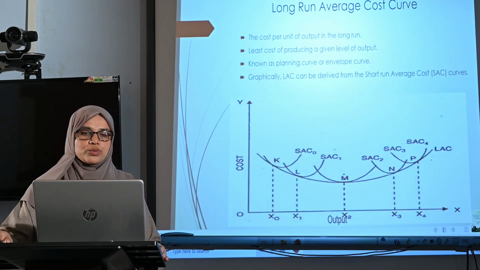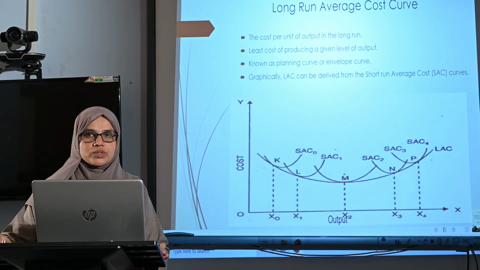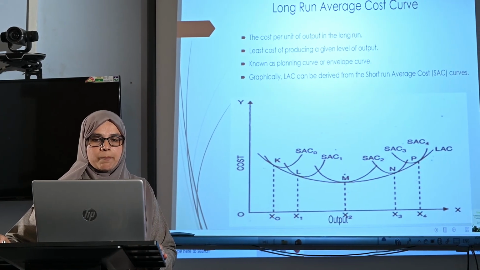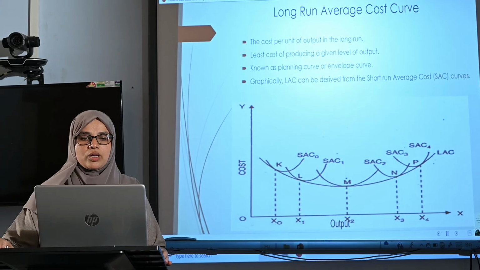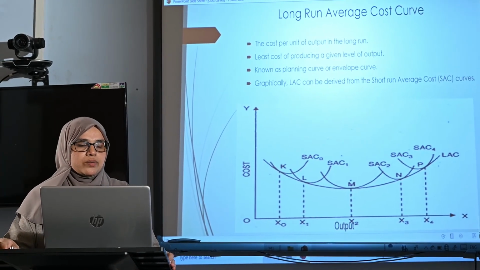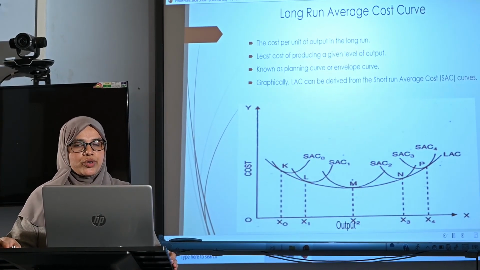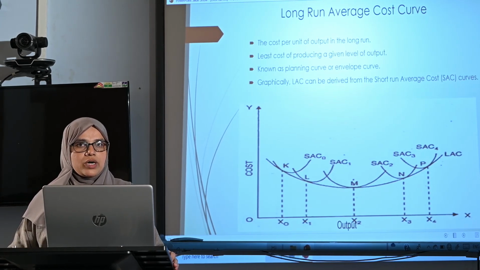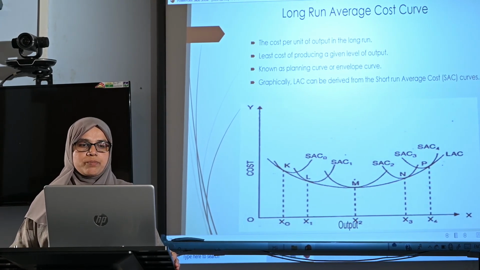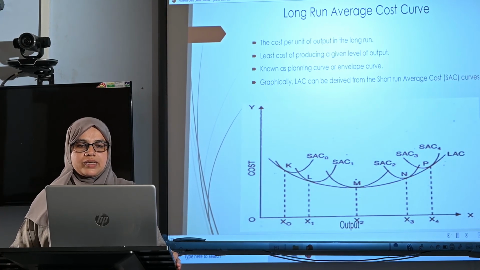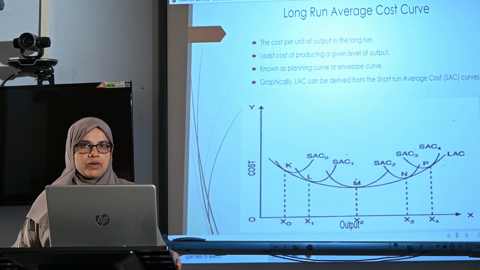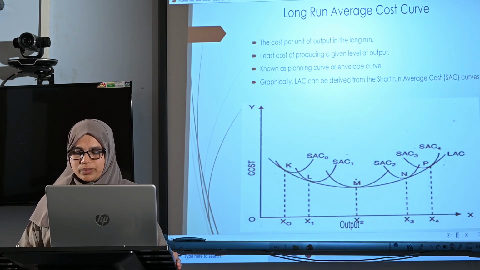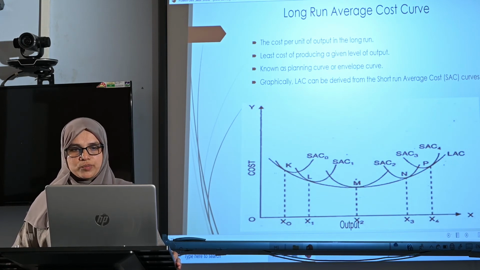Now, let us move to long run average cost curve according to traditional cost theory. Long run average cost curve is the cost per unit of output in the long run when all inputs are variable inputs. It is the least cost of producing a given level of output, or it is a minimum cost of producing a given level of output.